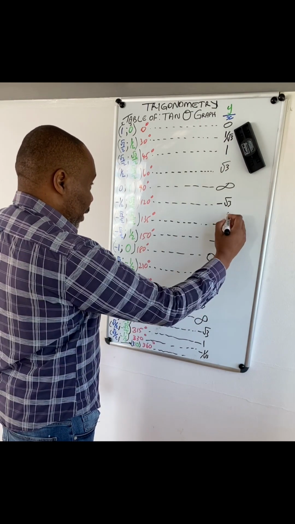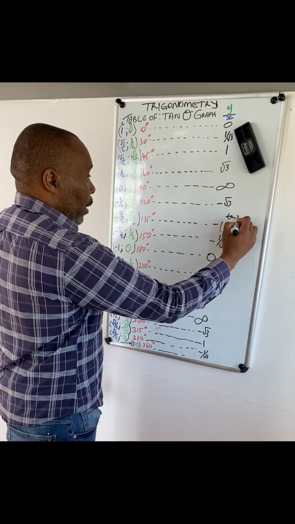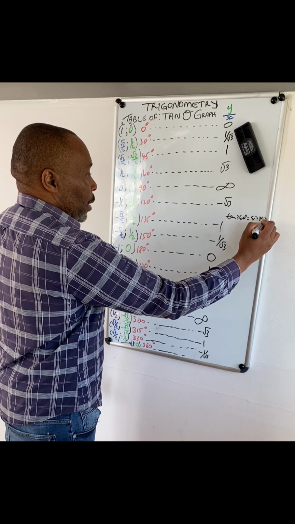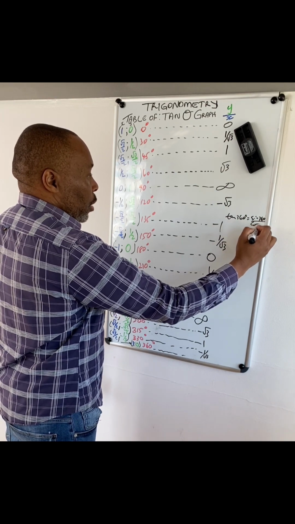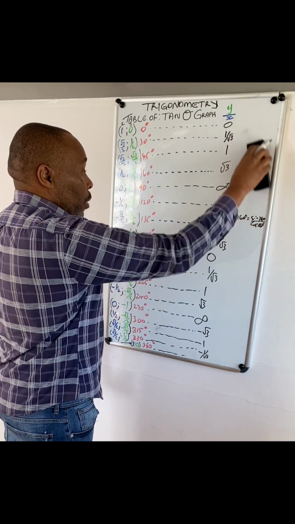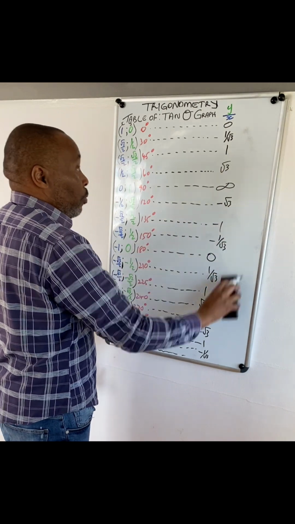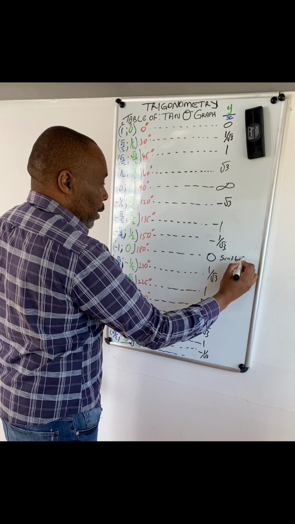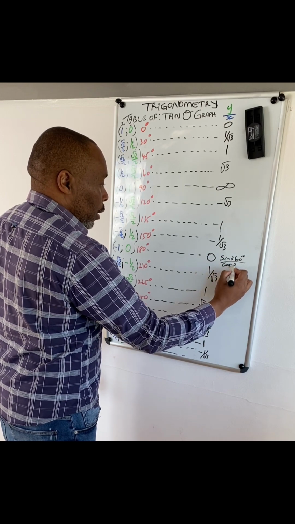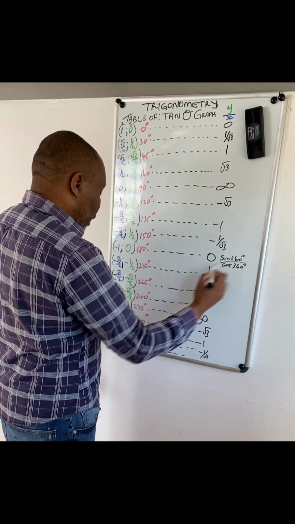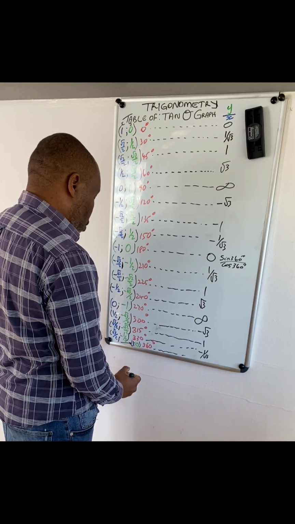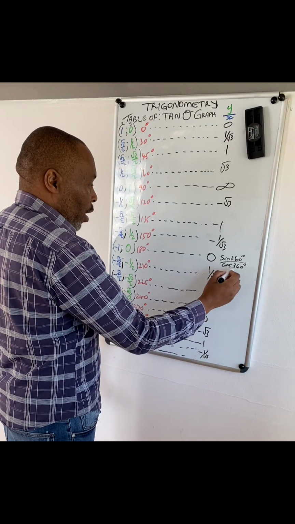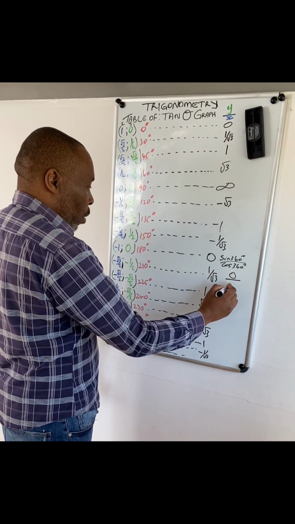Let's see, at 360, tan 360 degrees is equal to sine 360 degrees all over cos 360 degrees. Sine 360 degrees is 0, and cos 360 degrees is 1.